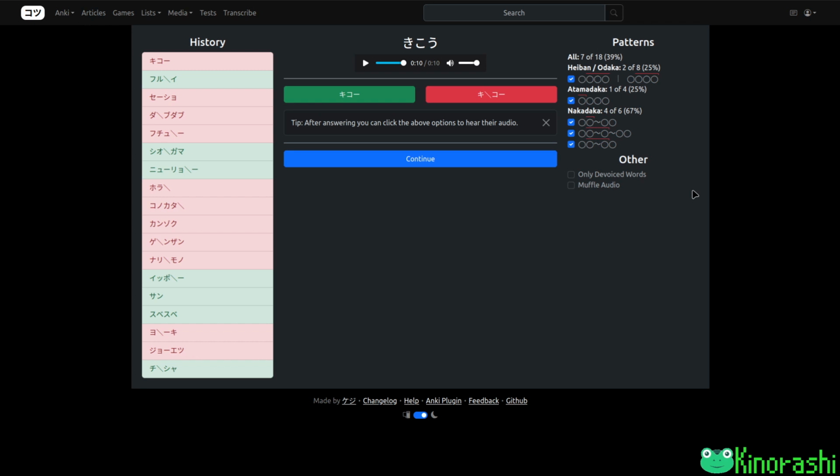One thing to be aware of is that numbers and counters are quite irregular. For example, hitotsu, 一つ, which is low, high, low, and futatsu, 二つ, is a low and then high.